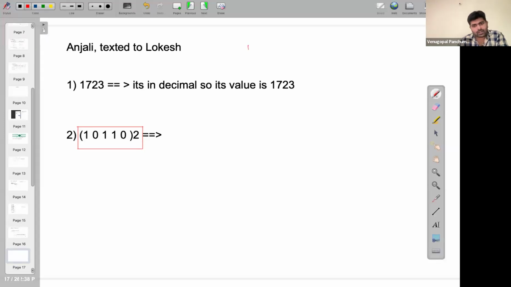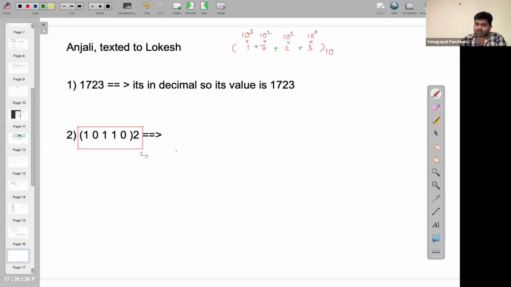See, 1723, because it is in base 10, you have written 10 powers: 10 power 0, 10 power 1, 10 square, and 10 cube, and you multiplied all this. After that, you added, correct? That is because it is in base 10, but this is in base 2. So how are we going to do it? Same process.